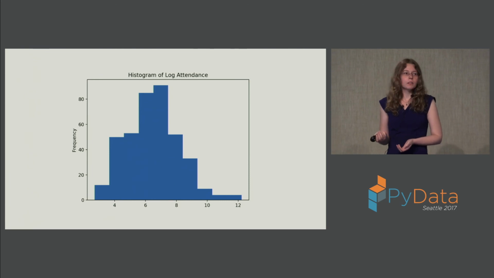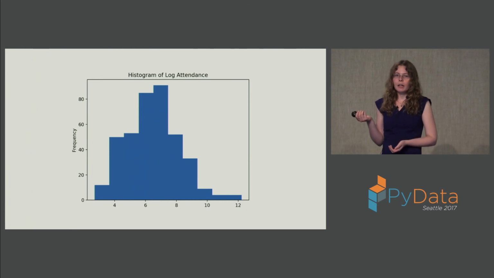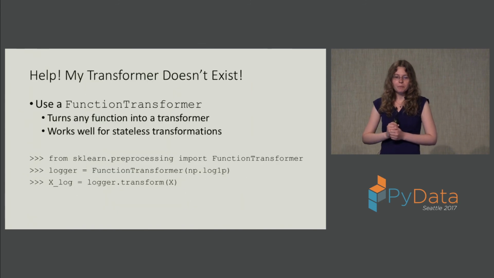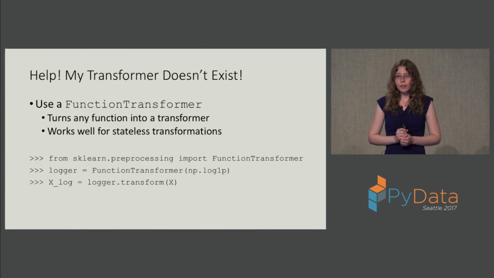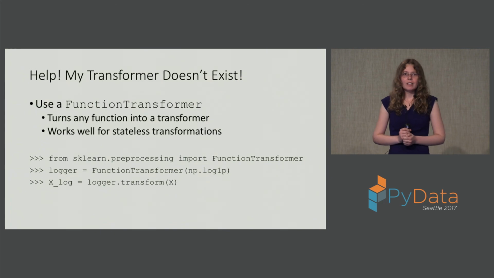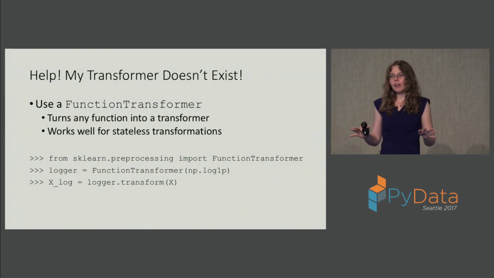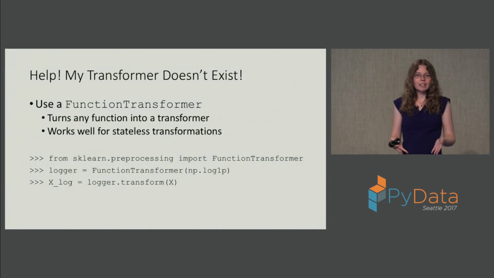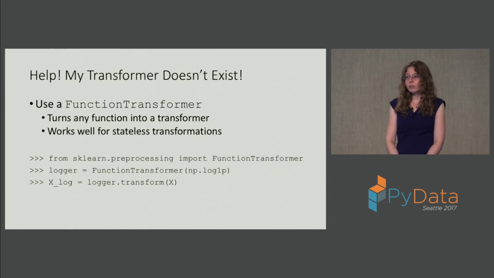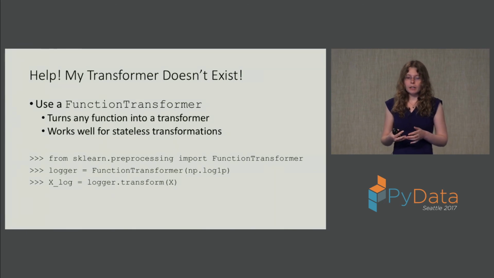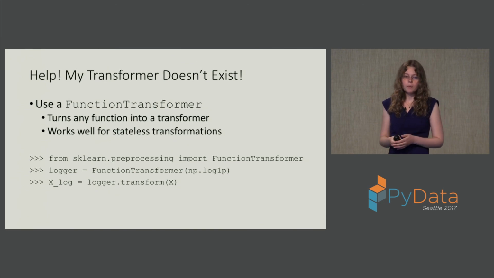So now we've got a bunch of different transformers in our toolkit. What if the transformation you want to do is not implemented? You've scoured the scikit-learn documentation, you can't find it. Well, one thing to check is, can you use the function transformer? So this is a generic transformer that scikit-learn provides, and you can just give it a function, and it will apply that function to the whole data set.